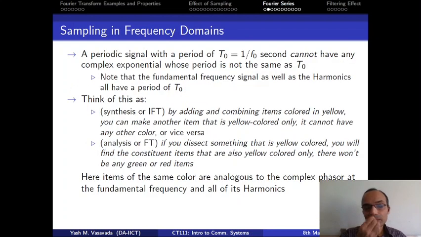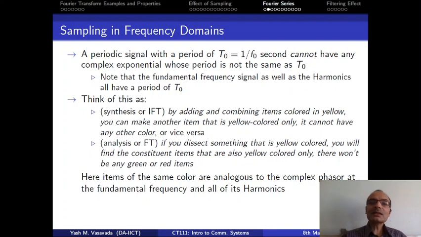Now, how to understand it in an alternative manner? Whenever we have a periodic signal with a period of T0, which is 1 over f0, it cannot be made up of any complex exponential waveform whose frequency is not either f0 or an integer multiple of f0.